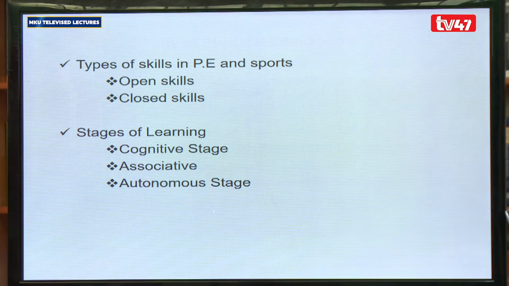Now, we're also going to look at the skills, and we are mainly going to look at two types of skills. We have the open skills and the closed skills. When we talk about open skills, we are looking at skills that are normally done in an environment that keeps on changing.